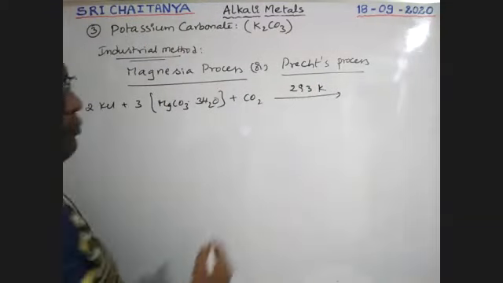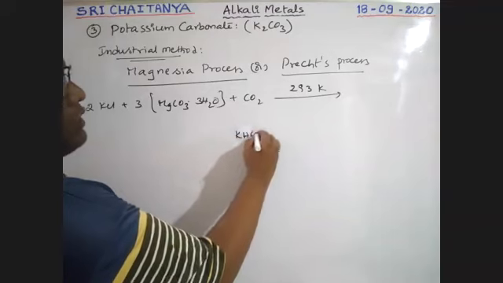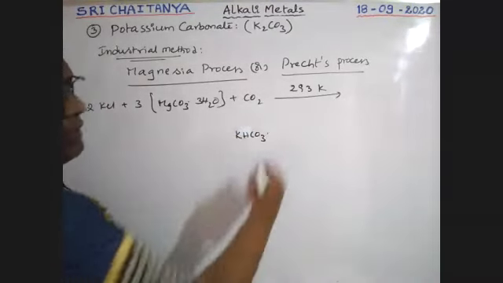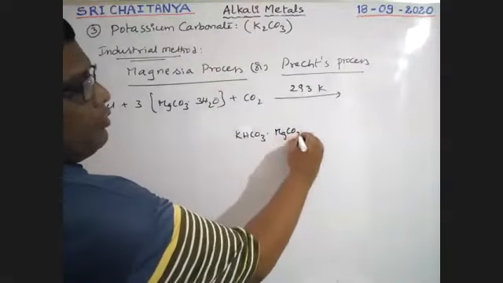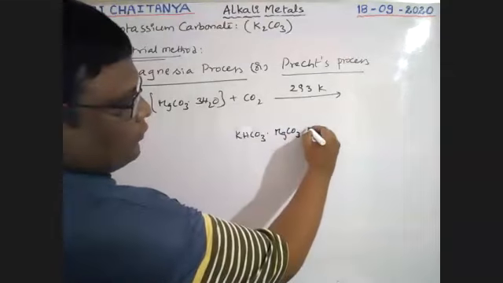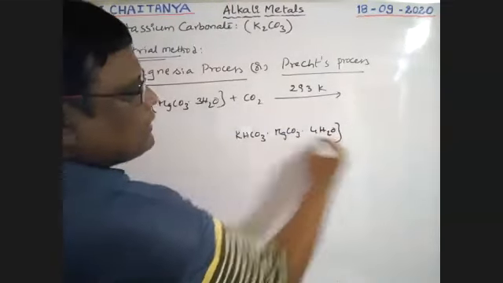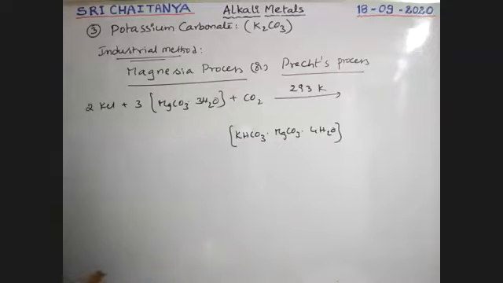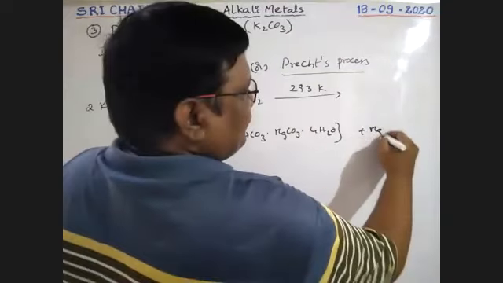So an additional compound is formed, that is KHCO3·MgCO3·4H2O. It is the additional compound, boys, plus MgCl2 is the final product.